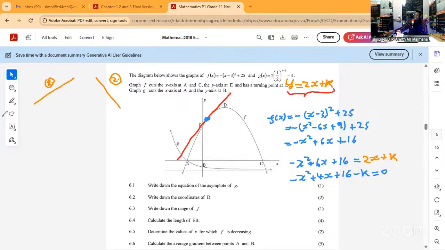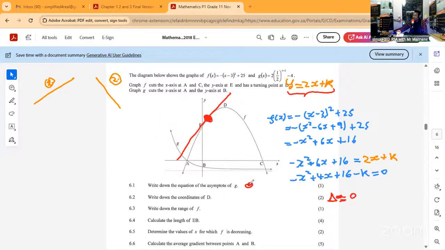So we say because the tangent touches the equation f at one point, this equation has equal real roots. And if it has equal real roots, it means we can solve delta equals 0. Nature of roots. Then just by going that route, you are done with the value of k.